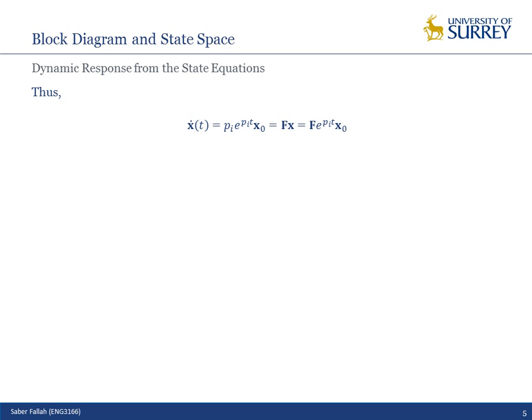Look at the relation on the previous page. x(t) is e to the power pi t x naught. If I take the derivative of that, I will have pi e to the power pi t x naught, which is equal to Fx. Again, if I substitute the solution of x(t) here, I have e to the power pi t x naught. Look at this relation and this relation.